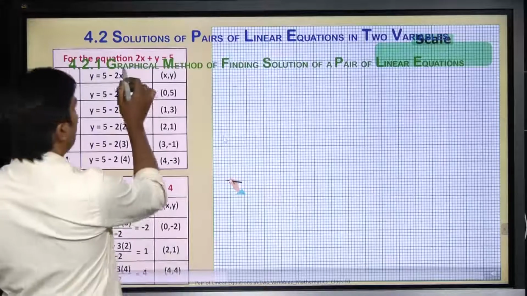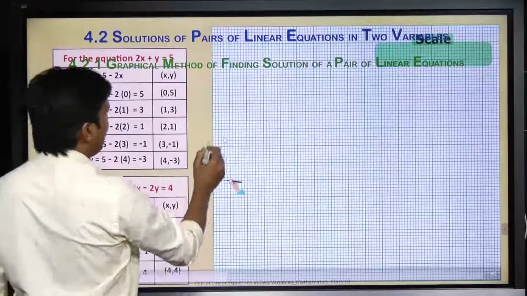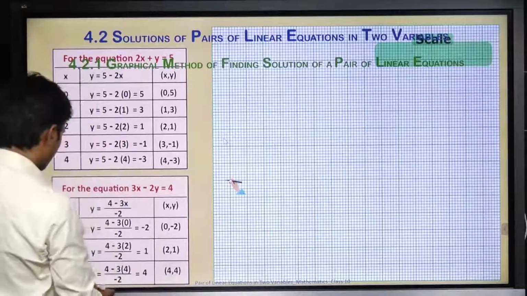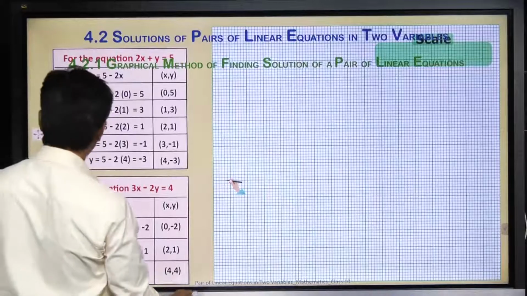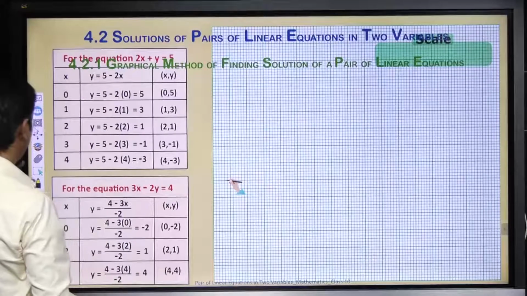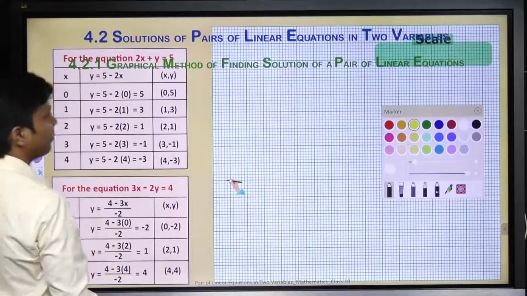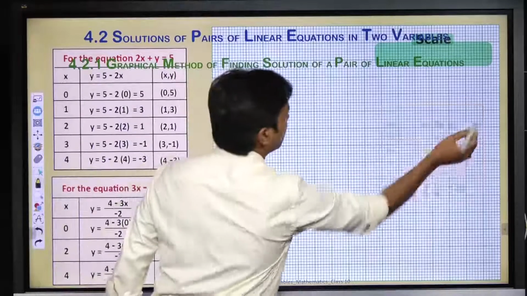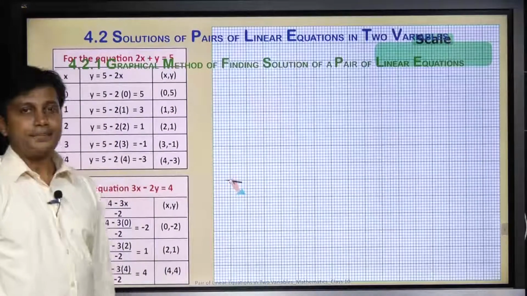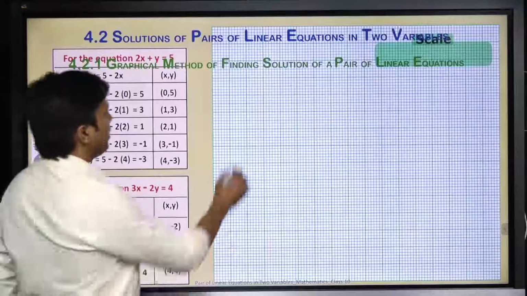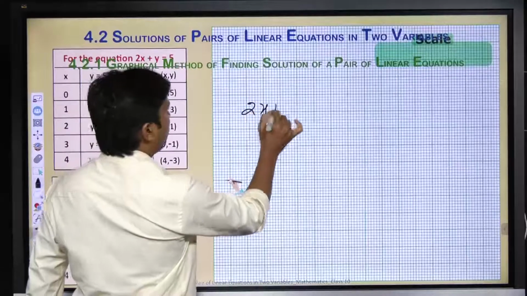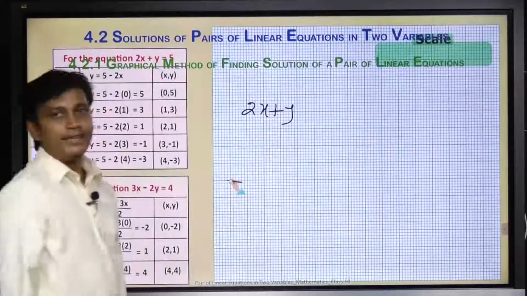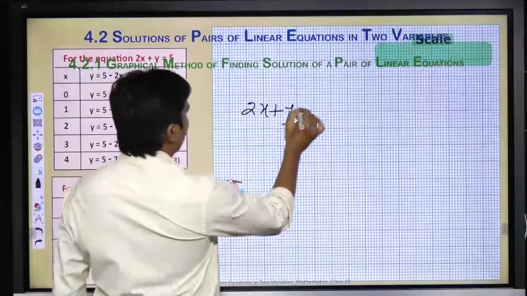How to obtain the ordered pairs? See here, the first equation is 2x plus y equal to 5.